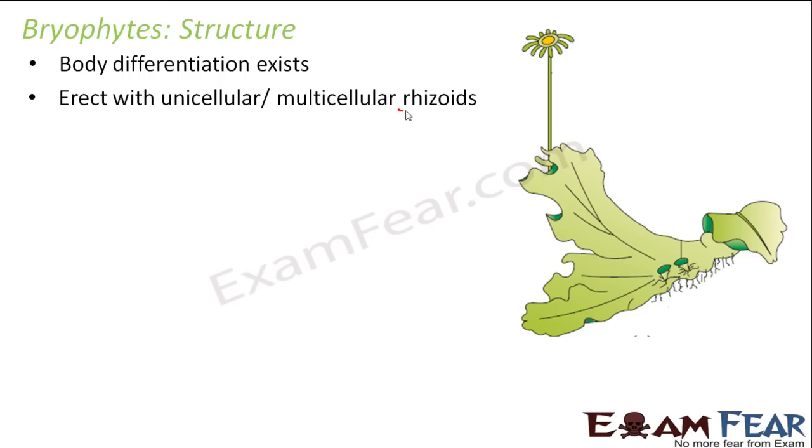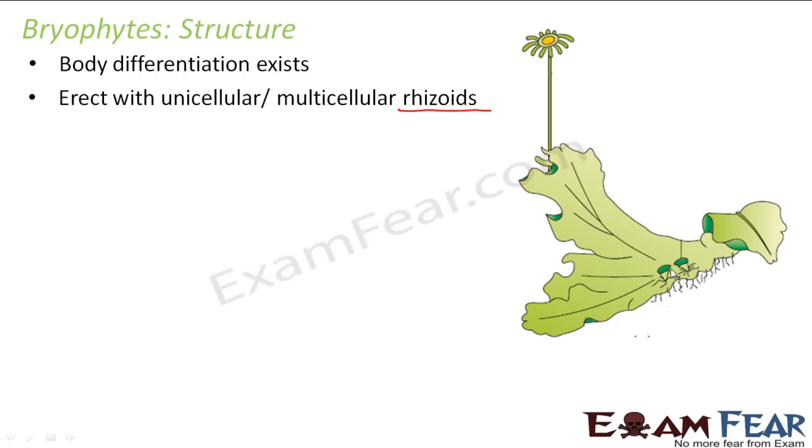What are rhizoids? Rhizoids are hair-like structures from the lower epidermal cells of bryophytes. In this picture you can see small hair-like structures from the lower part of the plant. These hair-like structures are known as rhizoids. These rhizoids can be unicellular or multicellular.